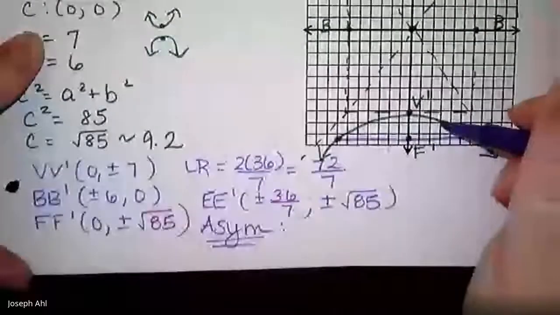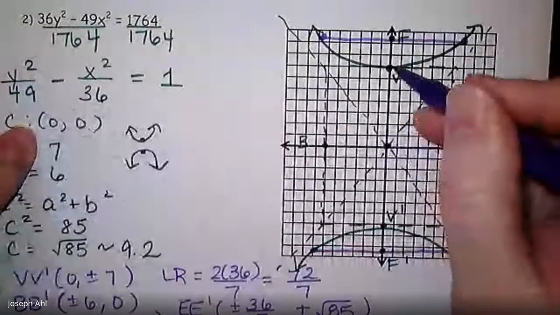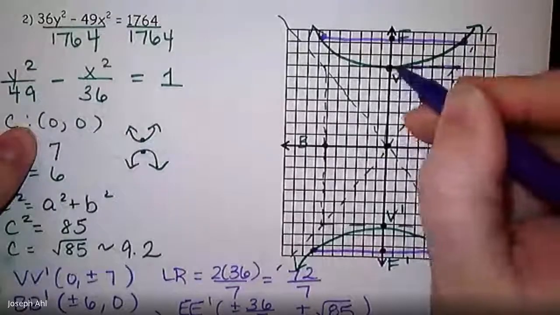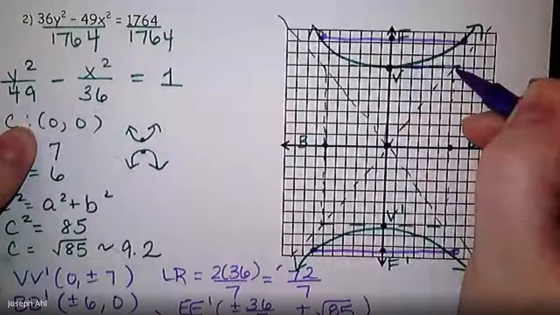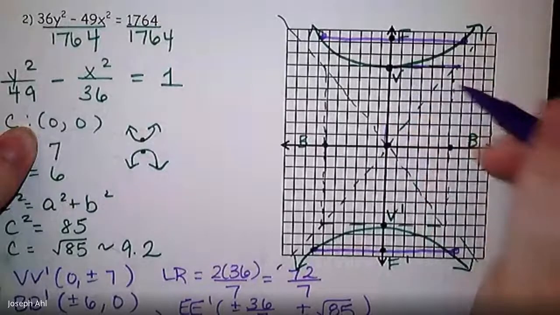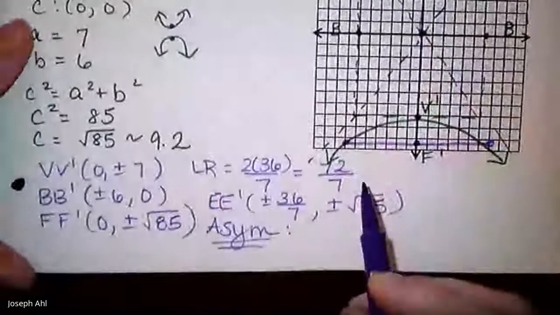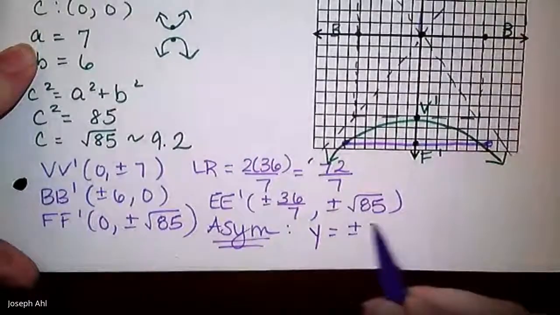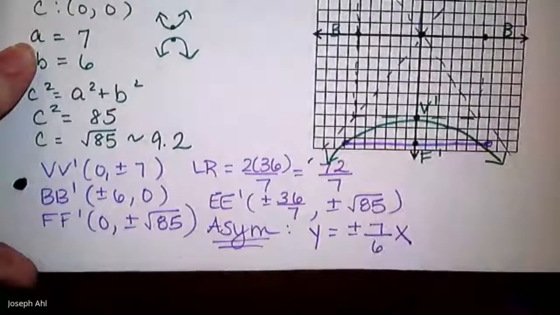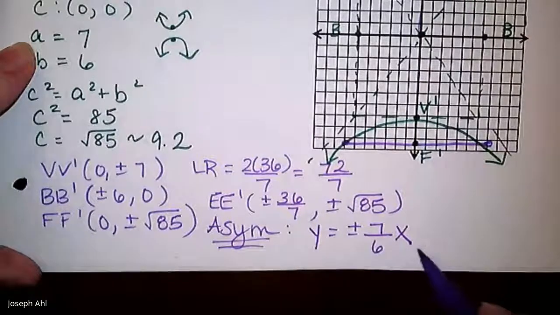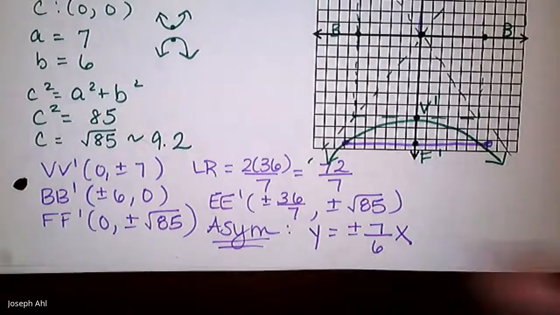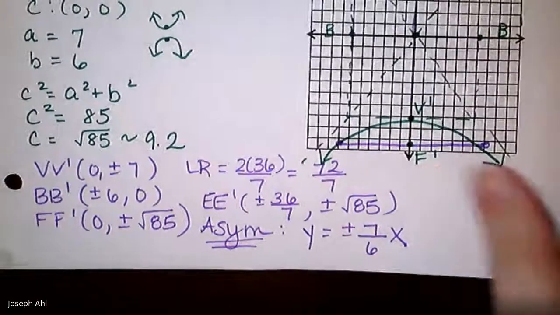The only difference this time is that when I do the rise over the run, we're rising A and running B, okay? So make sure when you do the ratio for the slope, it's going to be A over B, which is 7 over 6 for this example. Y equals plus or minus 7/6 x. We're going to see how that changes a little bit in the next example because the center, we're moving away from the origin. Okay. Let's go ahead and take a look.